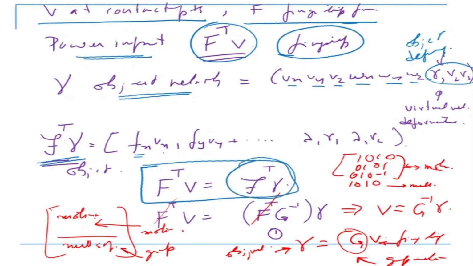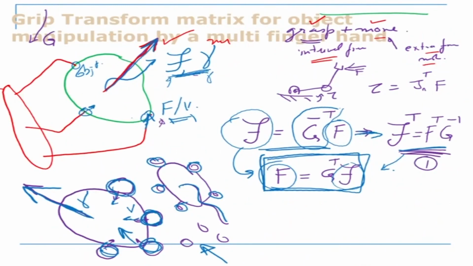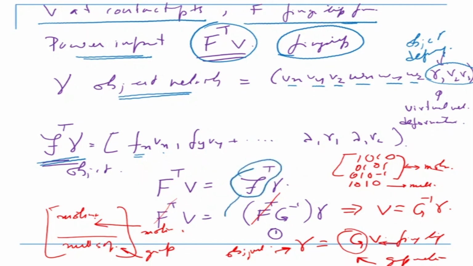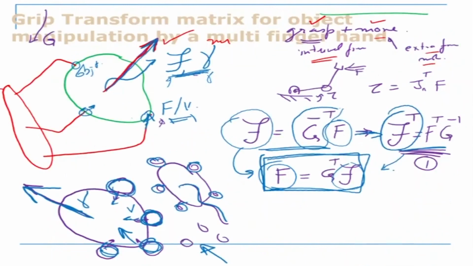If you remember the earlier equation, f transpose is equal to F transpose into G inverse. So I put that in here. Where did I get that from? From this equation.